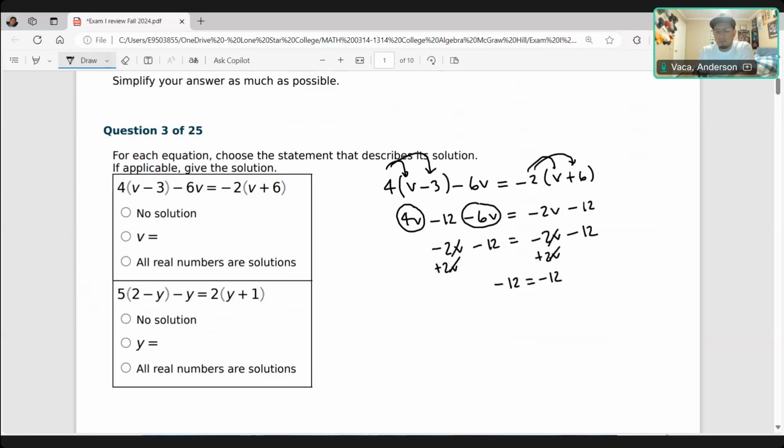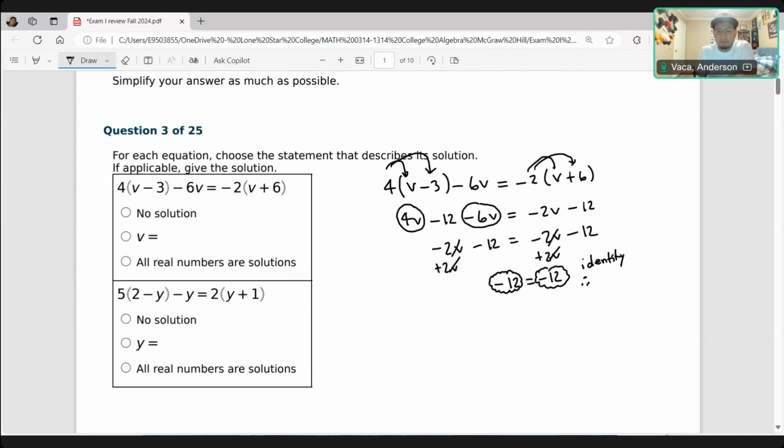Okay, what can we say about that? Last time I checked, this number, negative 12, was equal to negative 12. This is an identity. And so what does that mean?